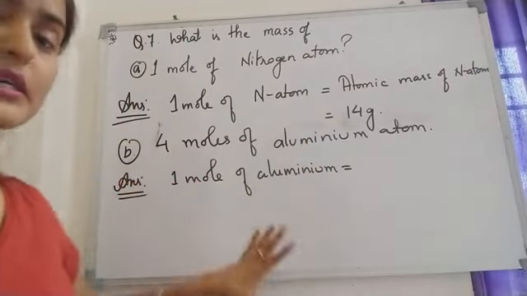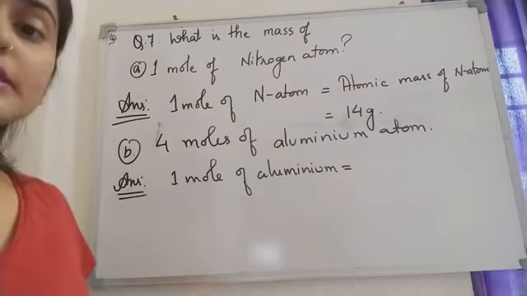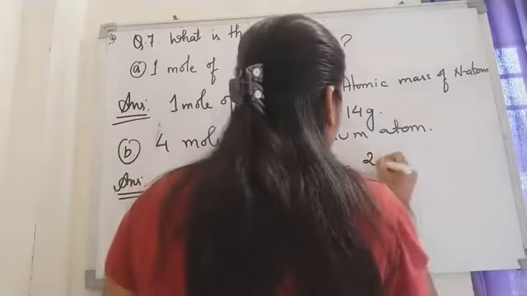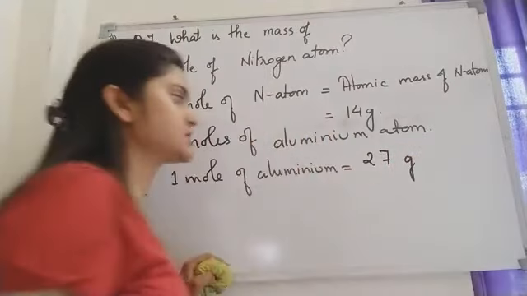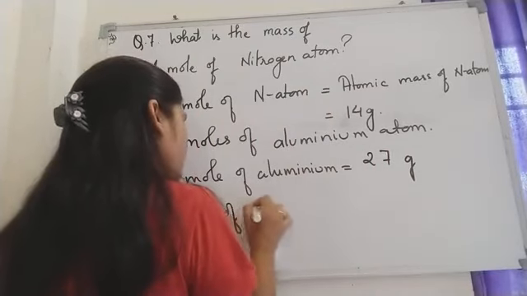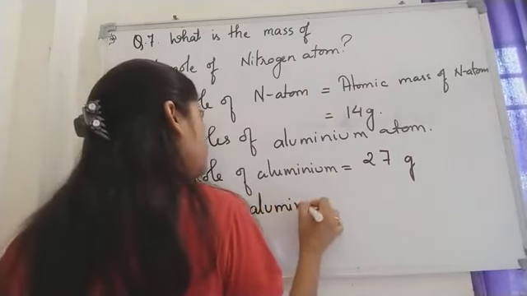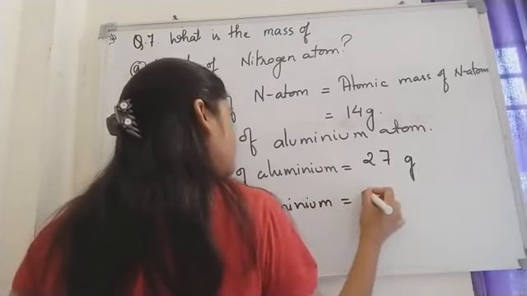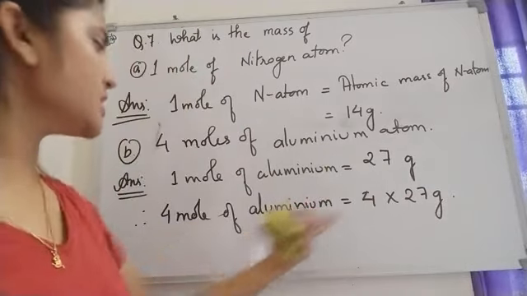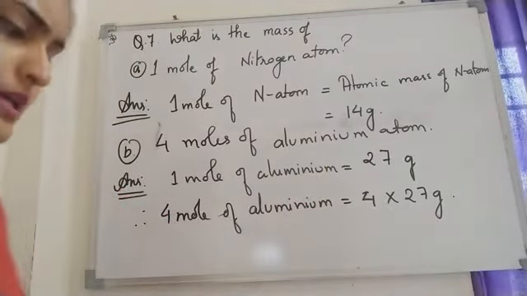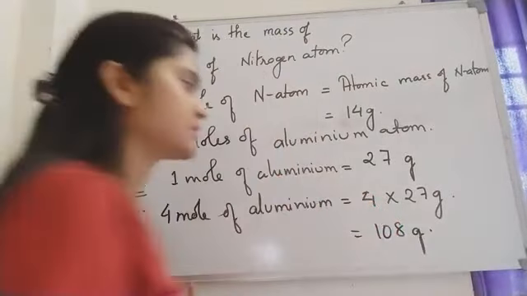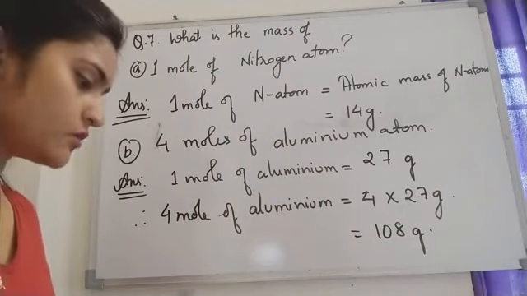Just understand 1 mole of anything is equal to its atomic mass or its molecular mass. So atomic mass of aluminium is 27 grams. Therefore 4 moles of aluminium is equal to 4 into 27. If 1 is equal to this much, 4 will be equal to 4 multiplied by that number. Your answer will be 108 grams. This is how we are solving this one.